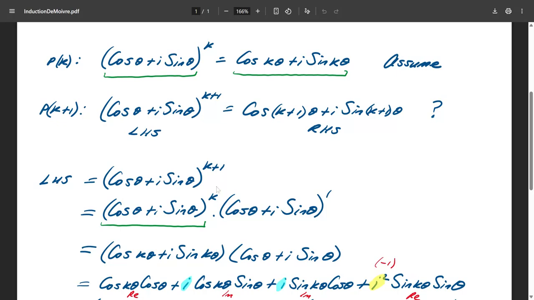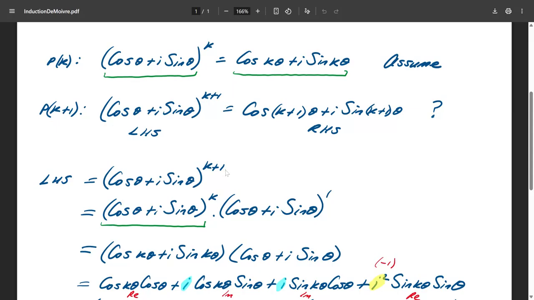There's a rule in your tables for powers, and the rule says if you have a to the power of p plus q, you can simply split the powers as a to the power of p multiplied by a to the power of q. So it's kind of that rule in reverse. If you've got a power here plus 1, you can split the powers and say that it's all that to the power of k multiplied by all that to the power of 1.